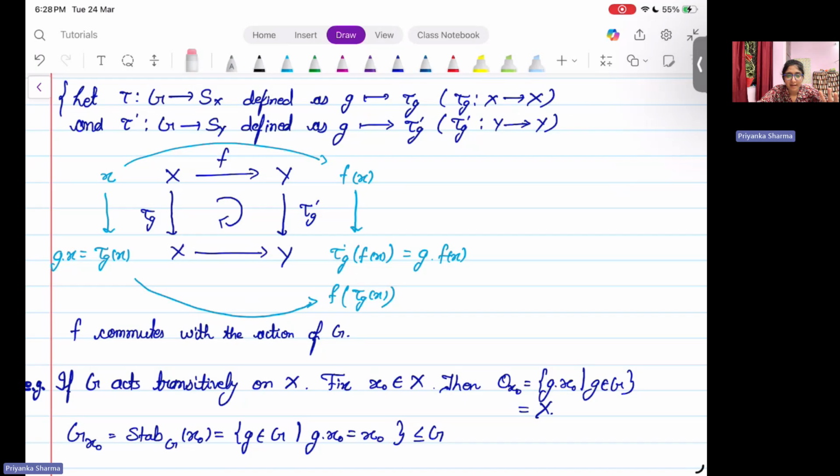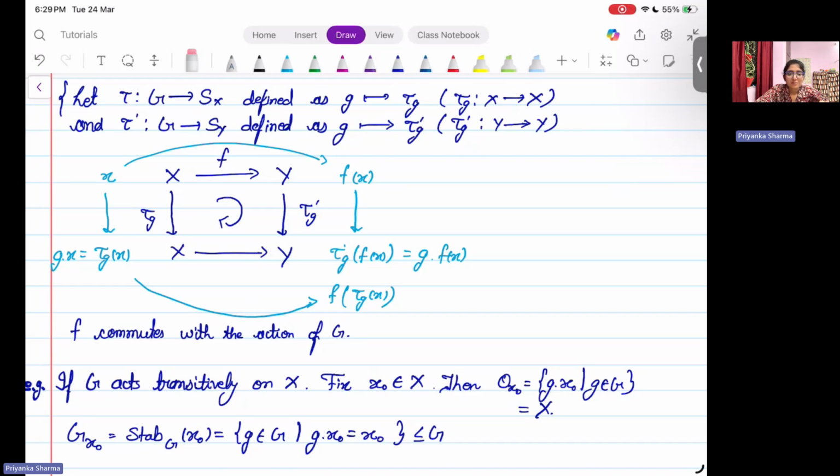X and Y are again two G sets, and f is the map defined from X to Y, mapping every x to f of x. Since X and Y are two G sets, whenever we define the group action, we will have some group homomorphism, which will give us the bijections tau g and tau dash g with respect to the corresponding permutation groups.